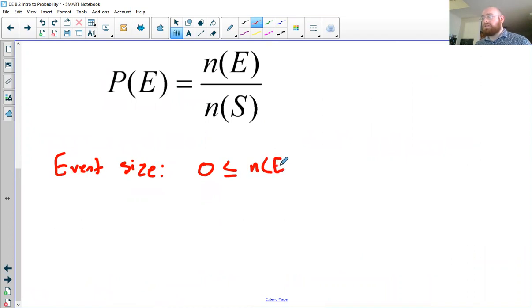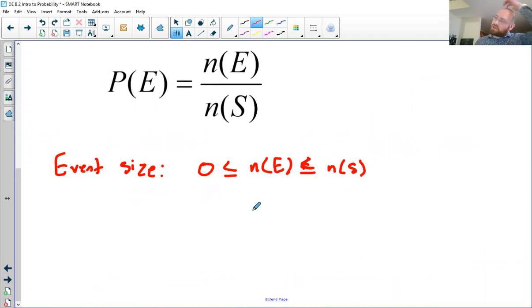And although we didn't see an example of this specifically, an event could also be equal to the entire sample space. That would be like flipping a coin and getting heads or tails. One of those is going to happen. So that would be everything.